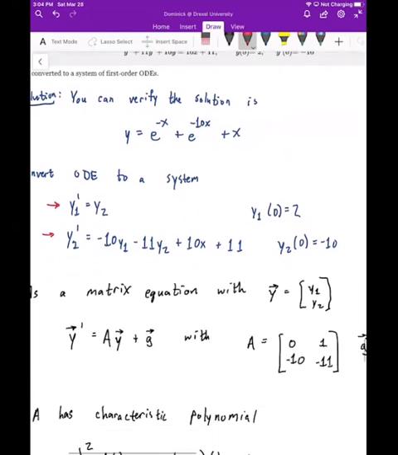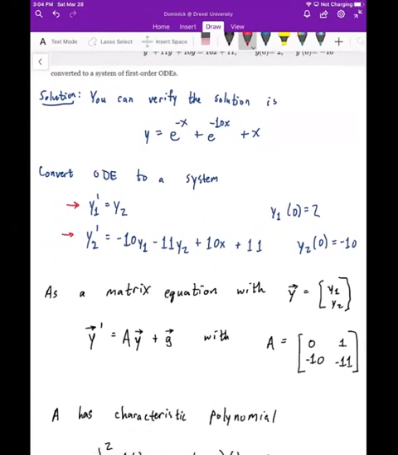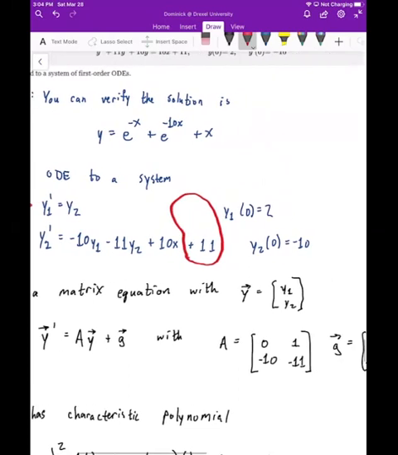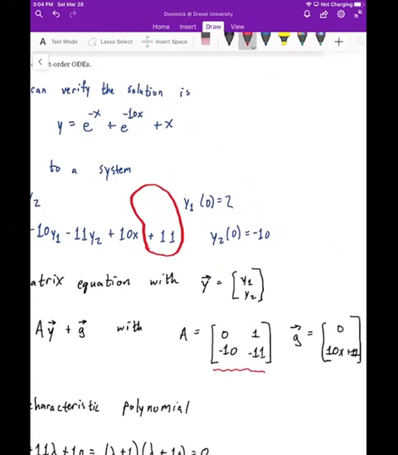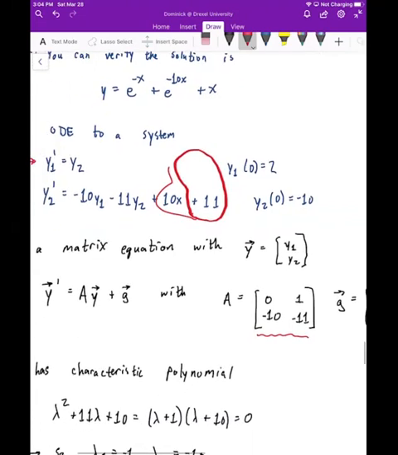Now, as a matrix equation, we could write this as y prime is equal to Ay plus g, right? Because you have some sort of non-homogeneous term there, we pick up a g vector. So your coefficient matrix is given by A, and your g is given by a 0 in the first equation, but then you pick up that 10x plus 11 in the second equation.